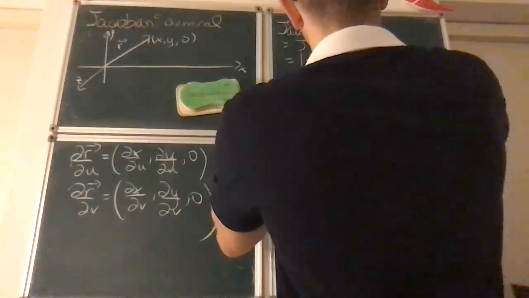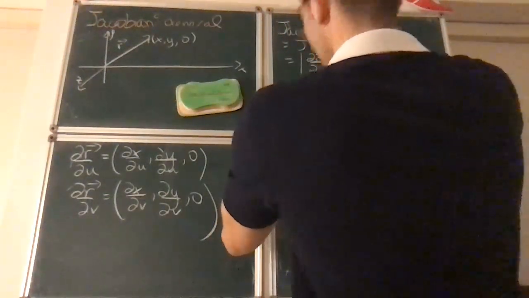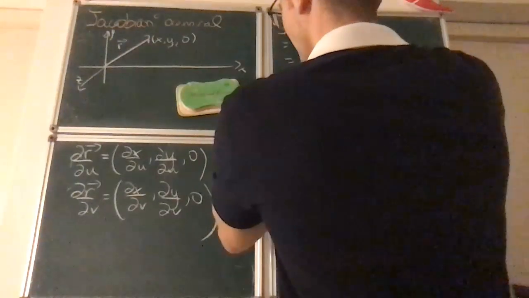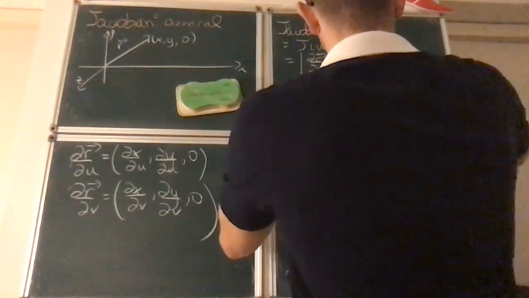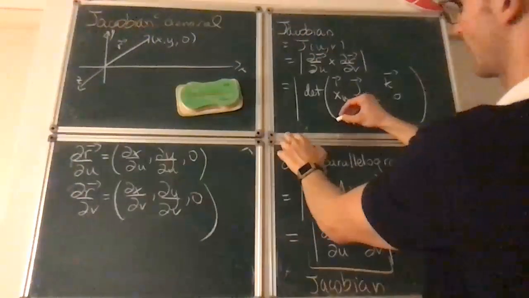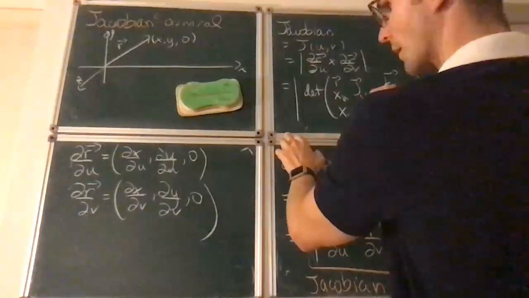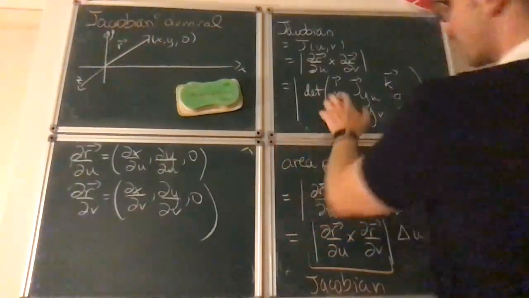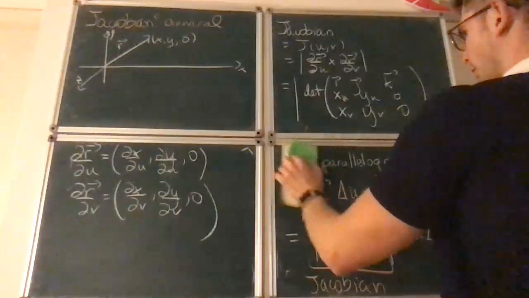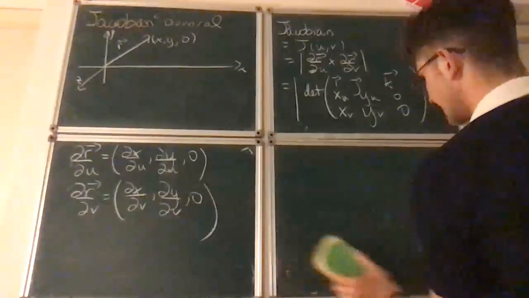Remember the trick for computing a cross product. And let me switch notations to make this easier to follow. Remember, this was the alternative notation for partial derivatives.